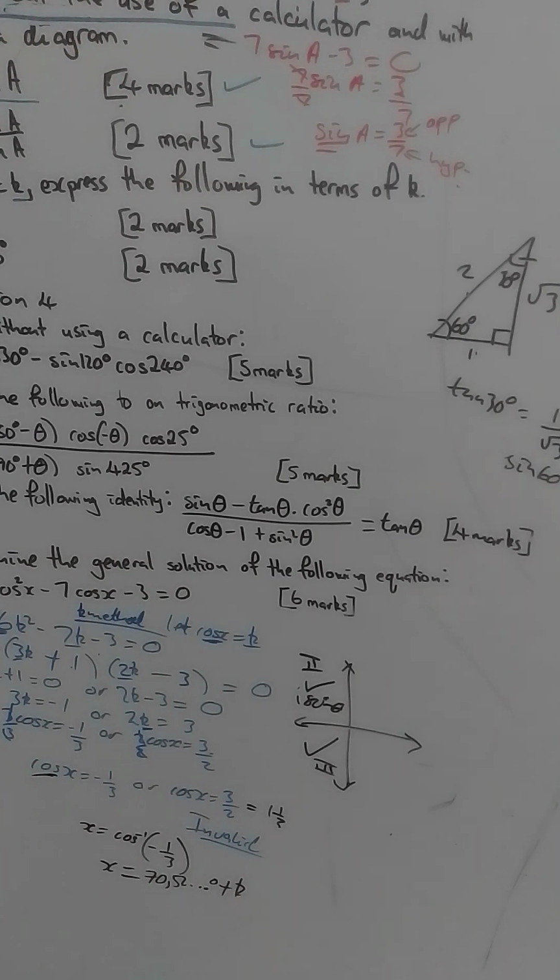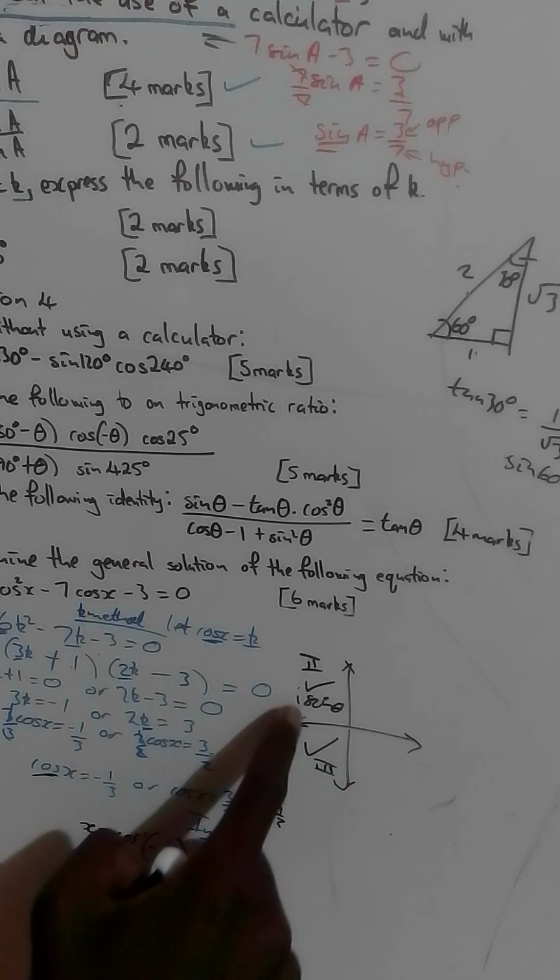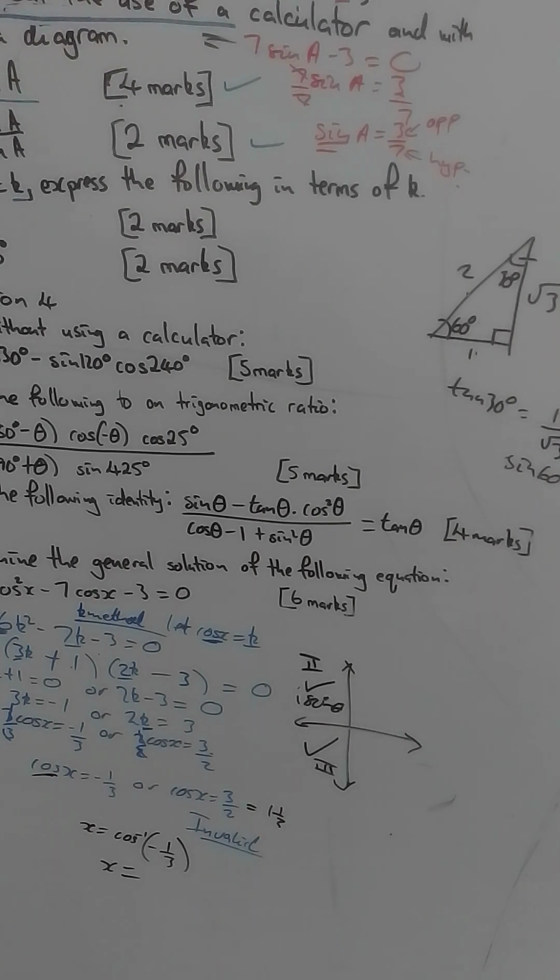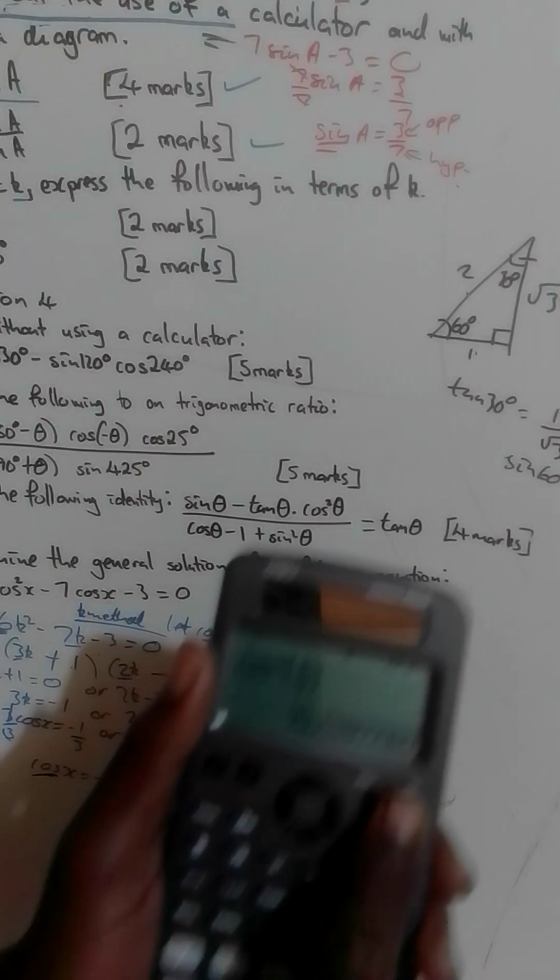Oh, no, I made a mistake. Sorry. I'm saying one thing, I'm writing the other thing. The mistake I made is that I didn't consider the reduction formulae. I'm supposed to write 180 degrees minus 70.52 ellipsis degrees plus k multiplied by 360, and they are elements of integers. So I come to my calculator now.